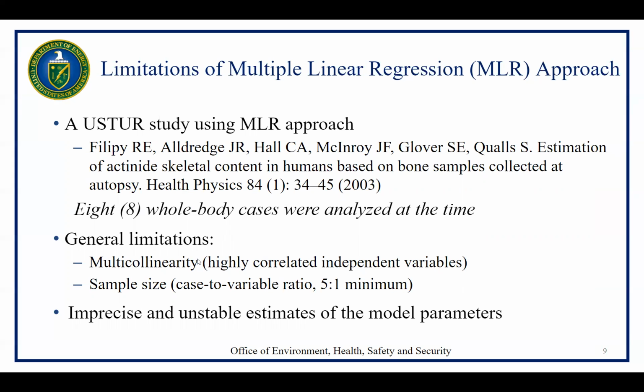And with 5 bones, the ratio is less than 2. So the case to variable ratios were too low, resulting in model overfitting. Even with the 19 whole body cases available now, it is inappropriate to include 4 or more bones in a multiple linear regression model.